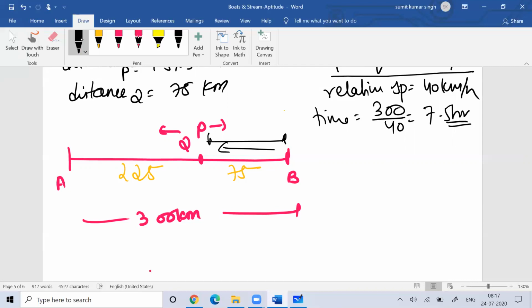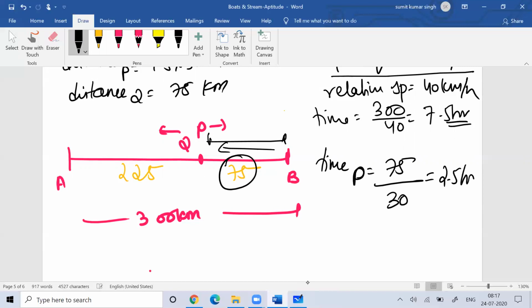So first I need to find the remaining distance boat P has to cover, that is 75 kilometers. How much time will boat P take to cover 75 kilometers? Boat P is going downstream at 30 kilometers per hour, so it will take another 2.5 hours to reach point B. In 2.5 hours, what distance would boat Q have covered?